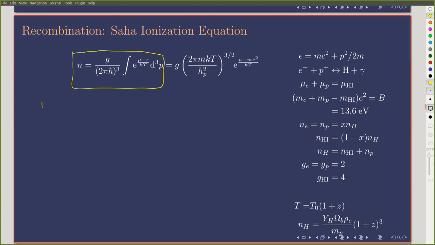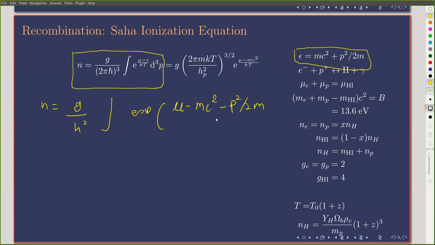So basically the number density is going to be g by h cubed, and this we can expand using this equation. So we have the exponent of mu minus mc squared minus p squared over 2m kT, and we can write this as, so this is not an approximation, this is correct for our problem.